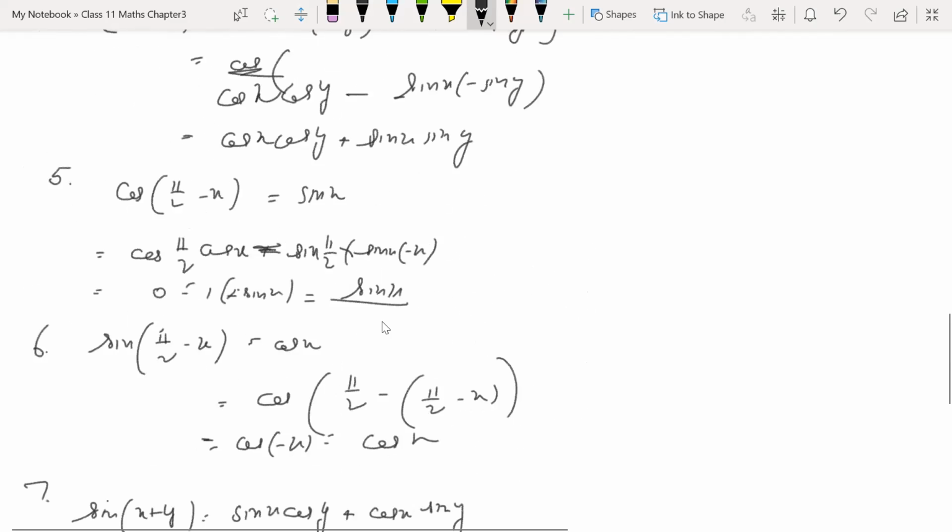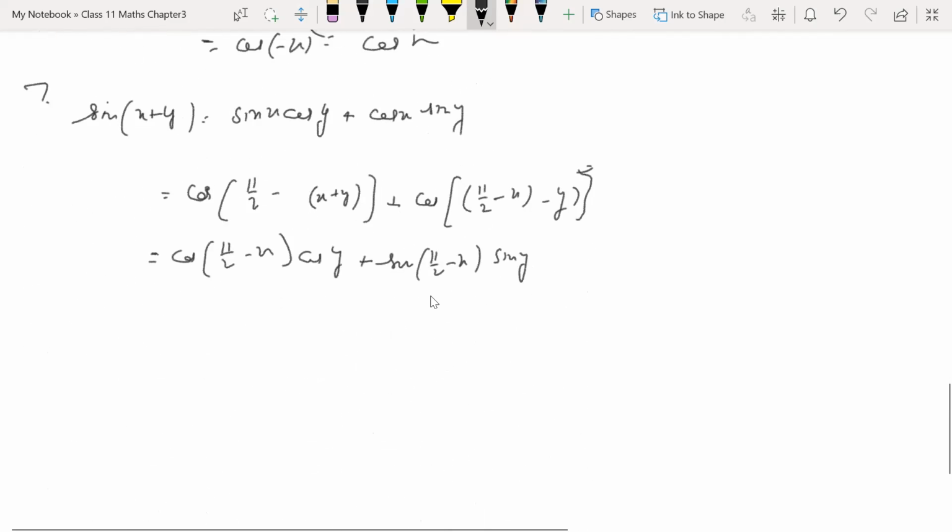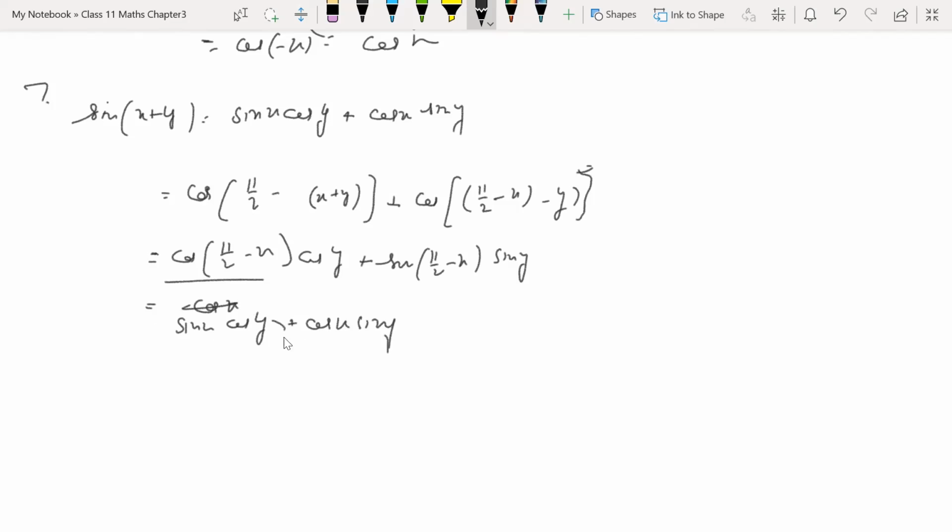Cos pi by 2 minus x is equal to sin x, and sin pi by 2 minus x is cos x. So it is sin x cos y plus cos x sin y. Those are the identities.